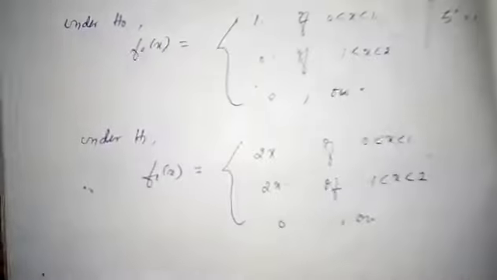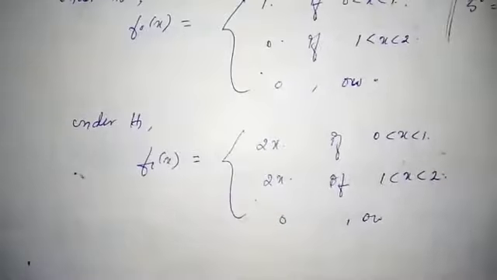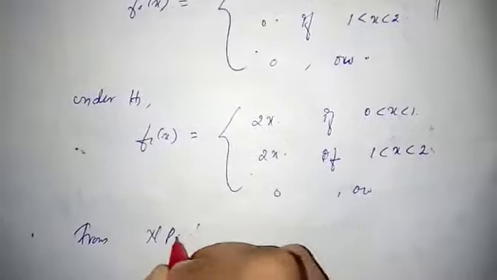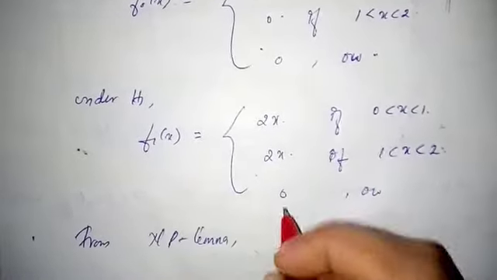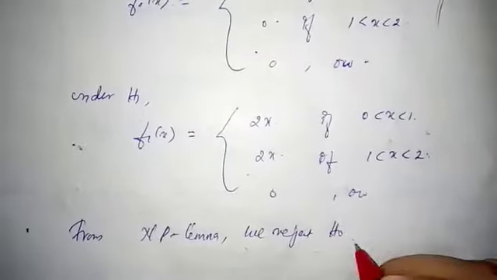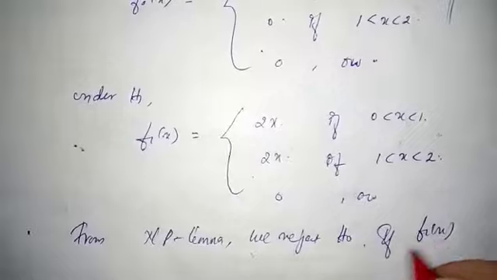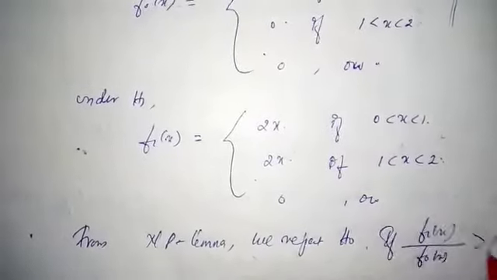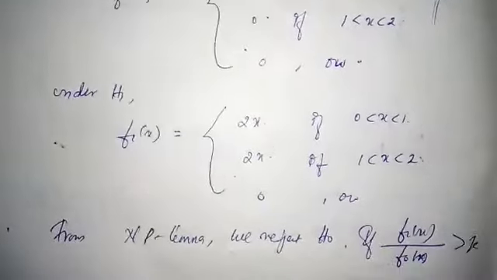Alright. So from the Neyman-Pearson lemma, we reject H0 if f1(x) divided by f0(x) is greater than k. What is the ratio f1(x) divided by f0(x)?